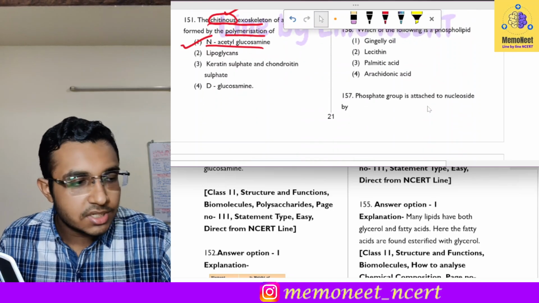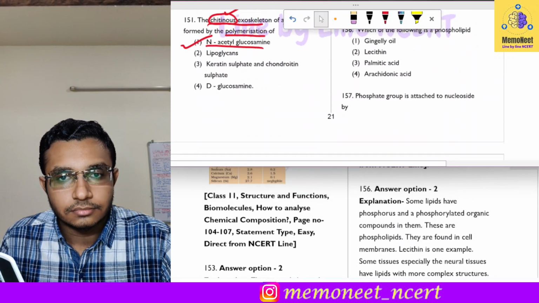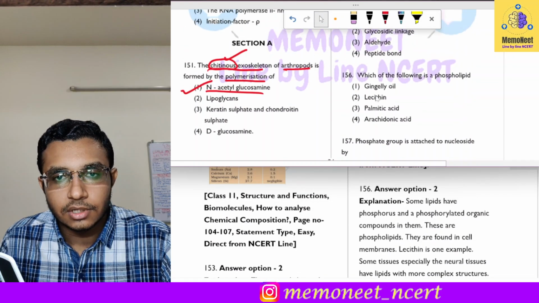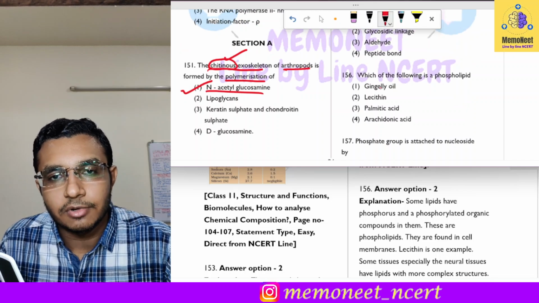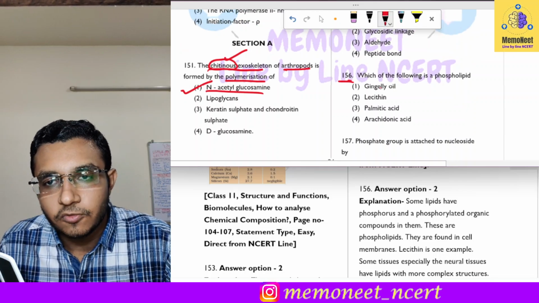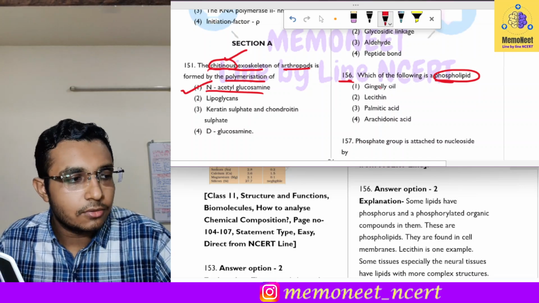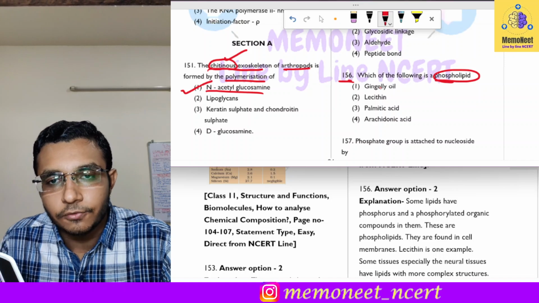The next question is question number 157. Sorry, the next question is question number 156, which states: which of the following is a phospholipid. Among the four options we have to identify which of them is a phospholipid.